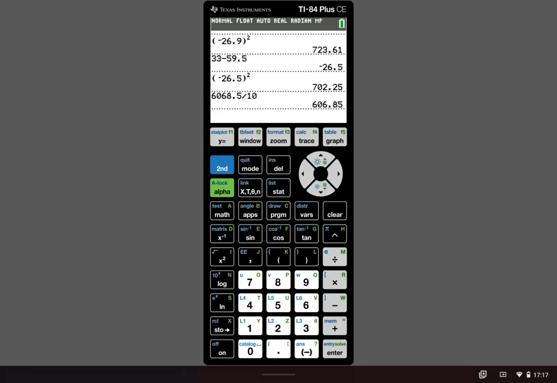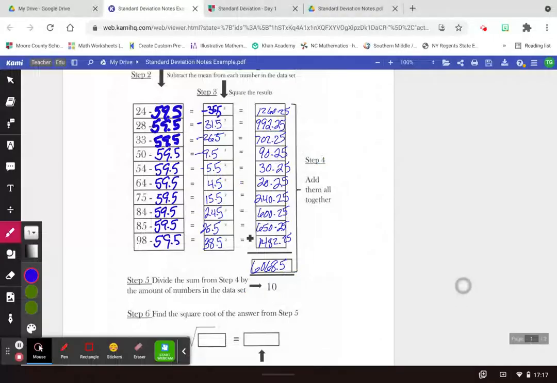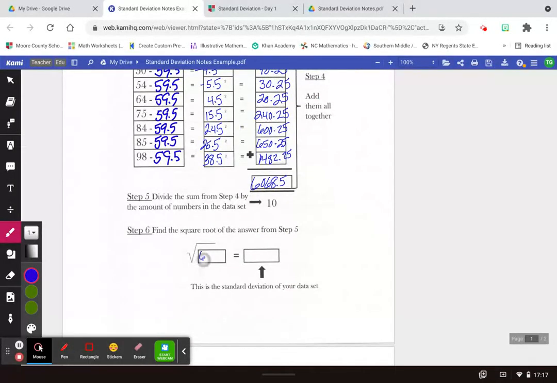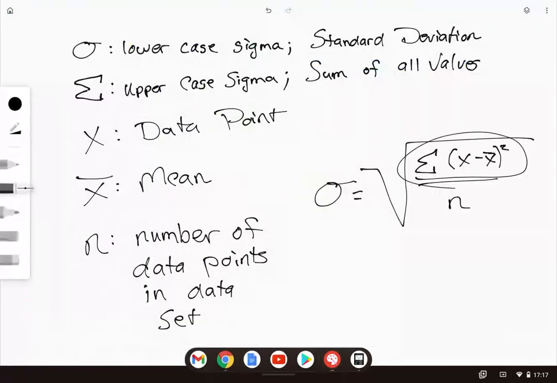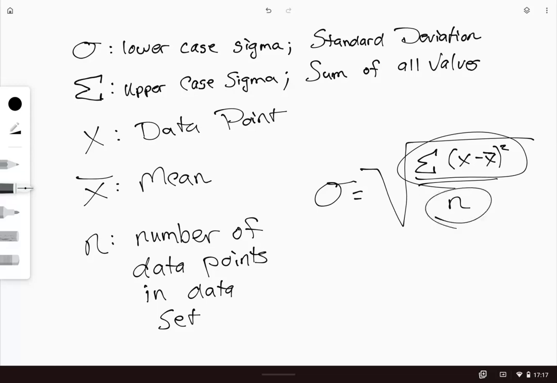you get 606.85. So you come back to your sheet here, and now we're looking for the square root of 606.85. Okay, so what we've done so far then is we've done this top part of your standard deviation formula inside the radical. Now we've divided by the n value.